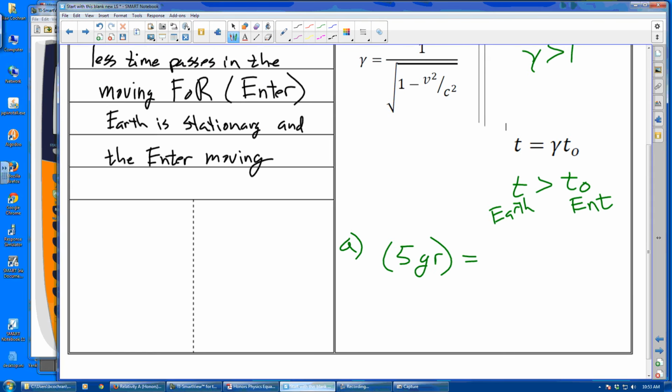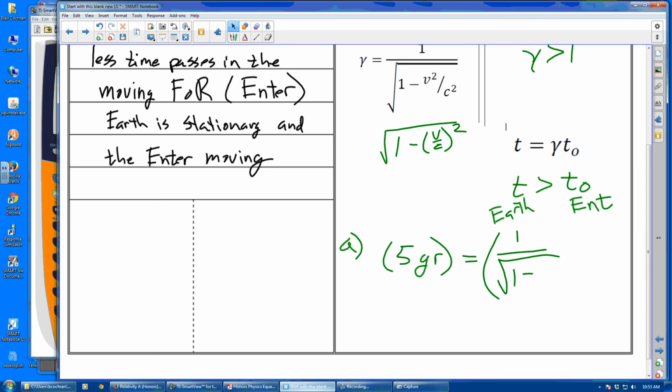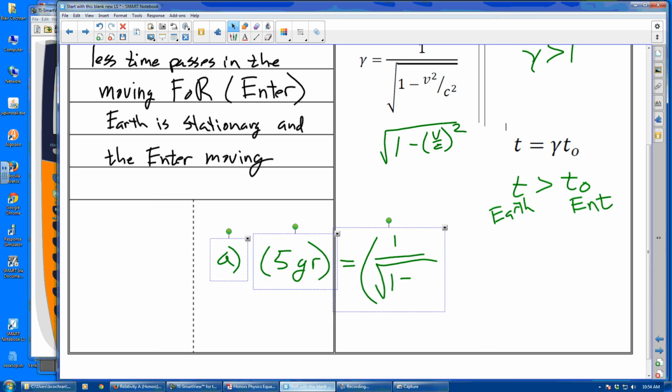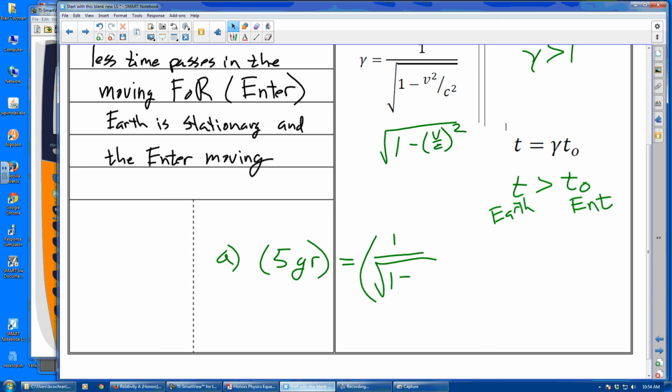Equals my gamma, which is 1 over the square root of 1 minus. Now remember, a lot of times I think of this as the square root of 1 minus v over c squared. I just kind of group it that way in my mind. I'm going to try to move this over so I don't run out of space so much. There we go.